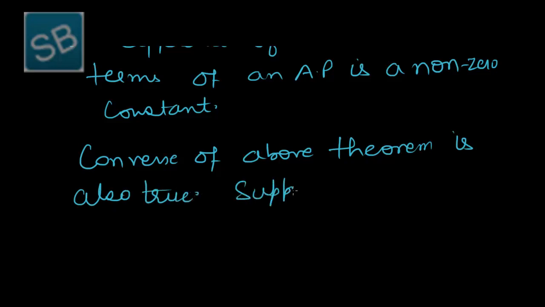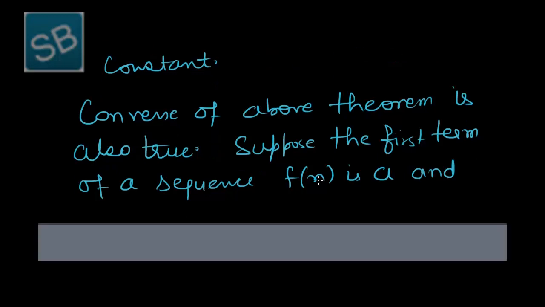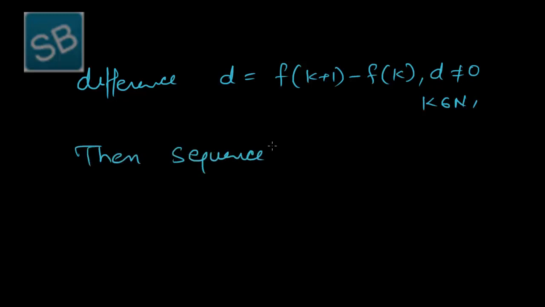That is, suppose the first term of a sequence f of n is a and the difference between consecutive terms is denoted by d, that is d is f of k plus 1 minus f of k, and d is not equal to 0 and k belongs to N, then the sequence is an AP sequence.